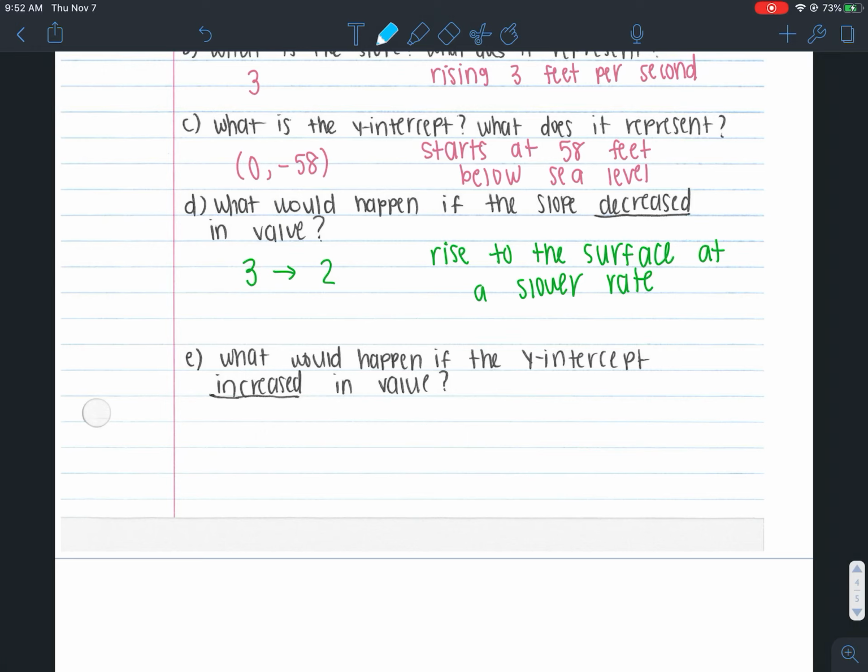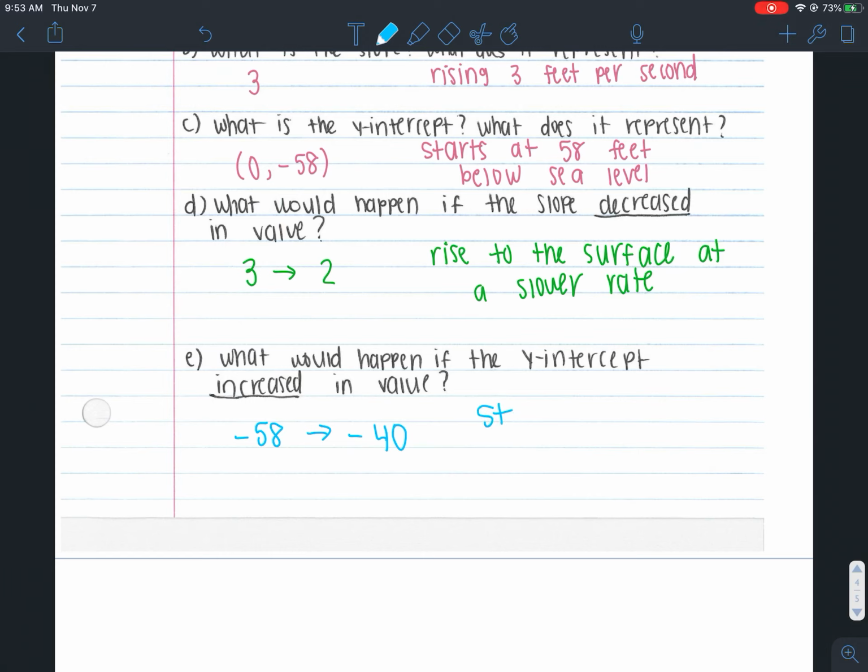Moving on to the last question, what would happen if the y-intercept increased in value? Right now our y-intercept is negative 58. Remember, increase means to become more positive, so a bigger number than negative 58. What if it went to negative 40?